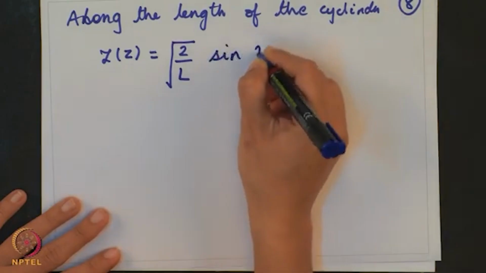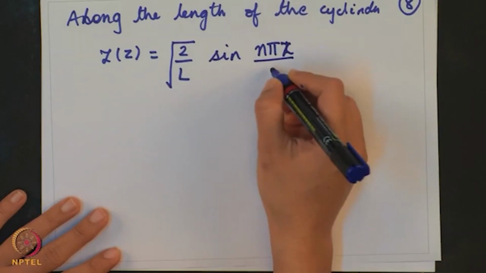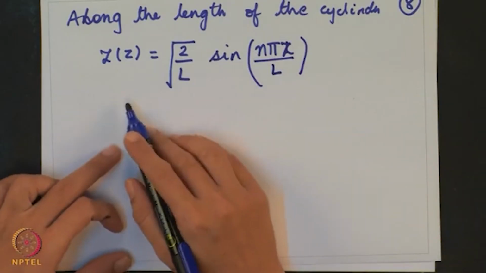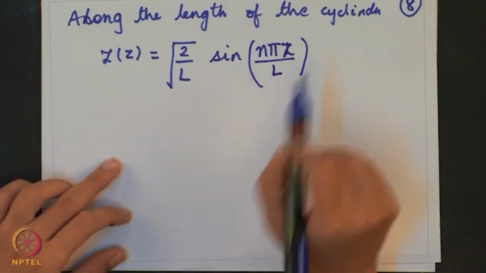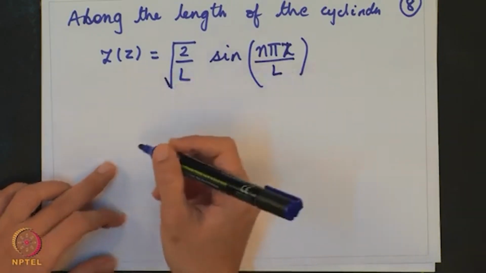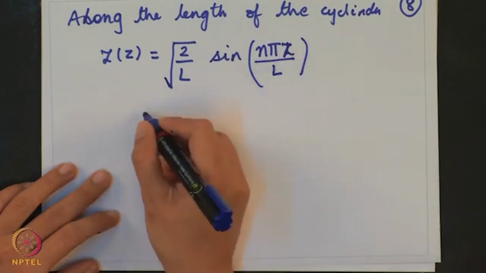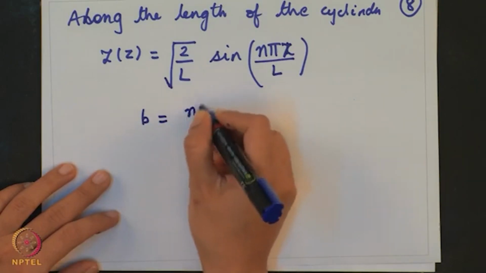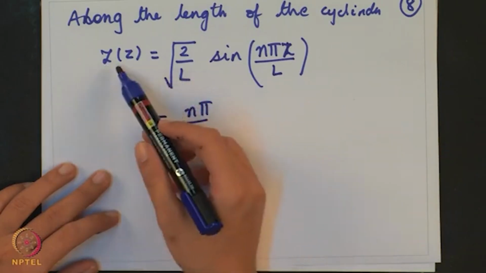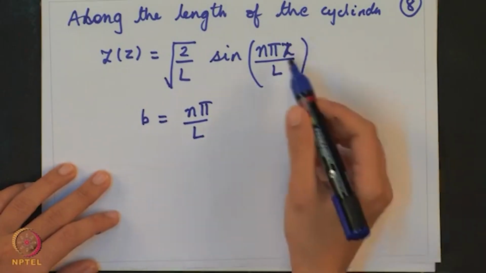So, this can be written as n pi Z by the width, that is L. This is the standard way of representing the wave function for a particle in a one dimensional box. So, it can be inferred from here that B is nothing but n pi by L. So, the wave function is given by square root of 2 by L sin of B into Z.